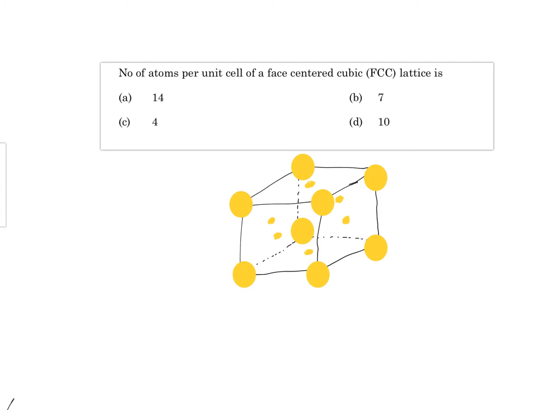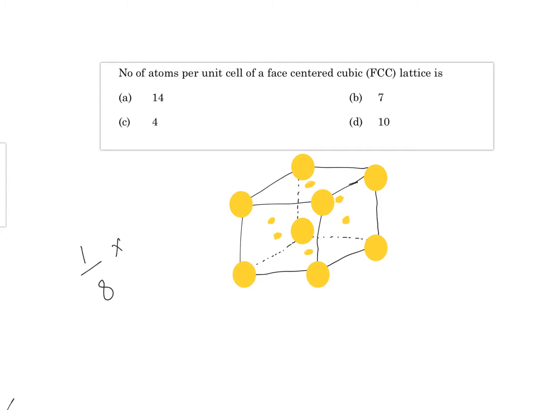If you don't remember also, you can easily compute the number of atoms per unit cell without much difficulty. See, on the corners there are 8 atoms, right? And each of these 8 atoms is shared by 8 unit cells. So the contribution of one particular atom to one unit cell will be 1 by 8.